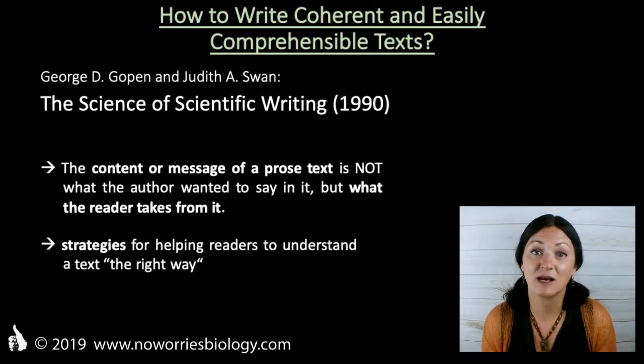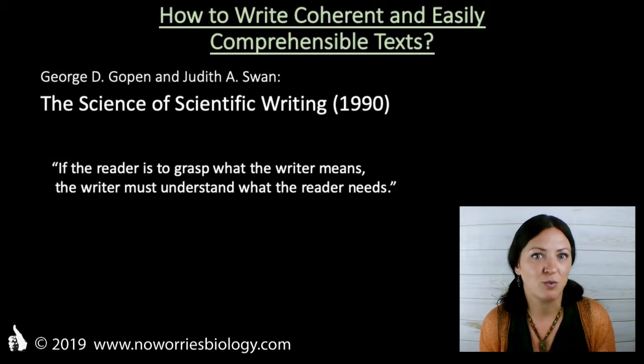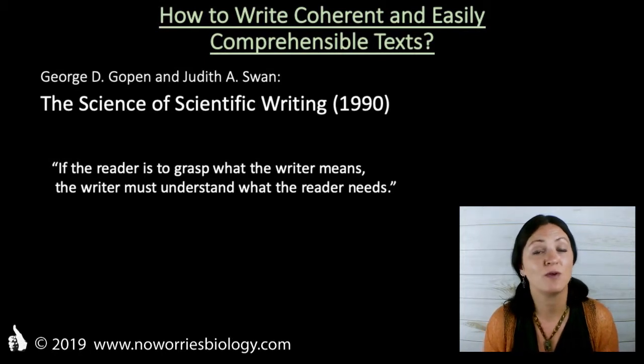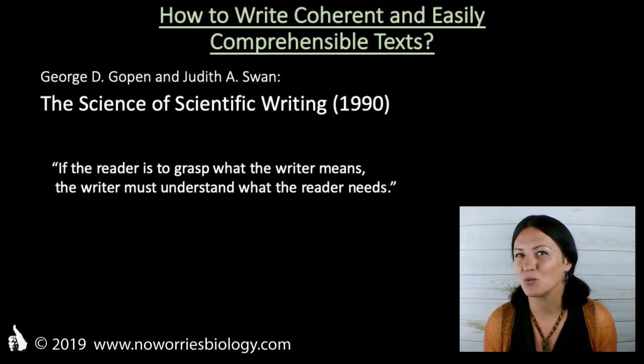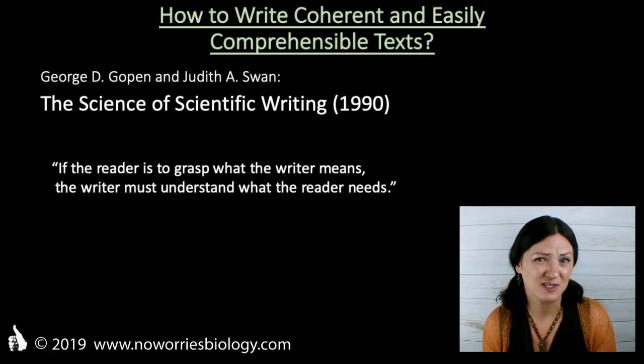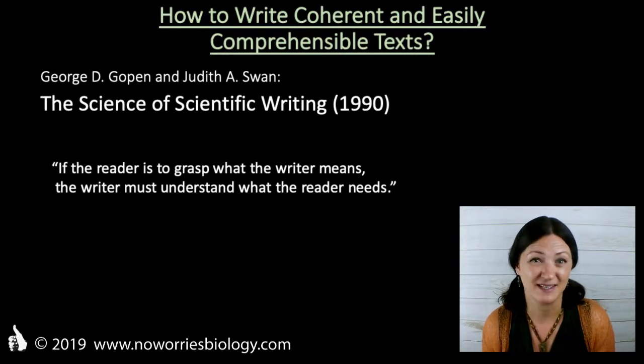And that is exactly what the following quote means. "If the reader is to grasp what the writer means, the writer must understand what the reader needs." What the reader needs. What kind of things could a reader need so that he or she can understand my text in the way I meant it?